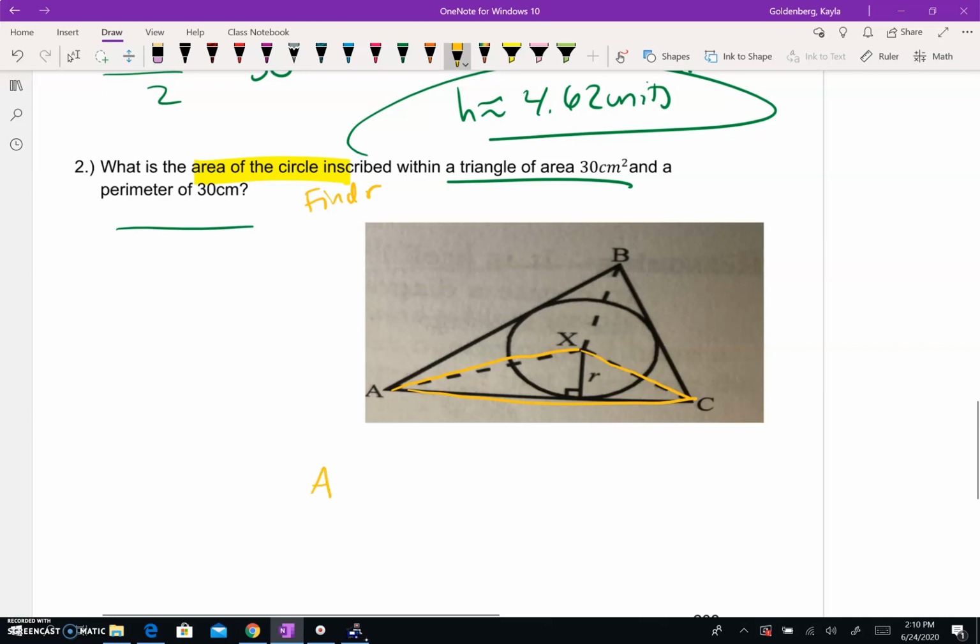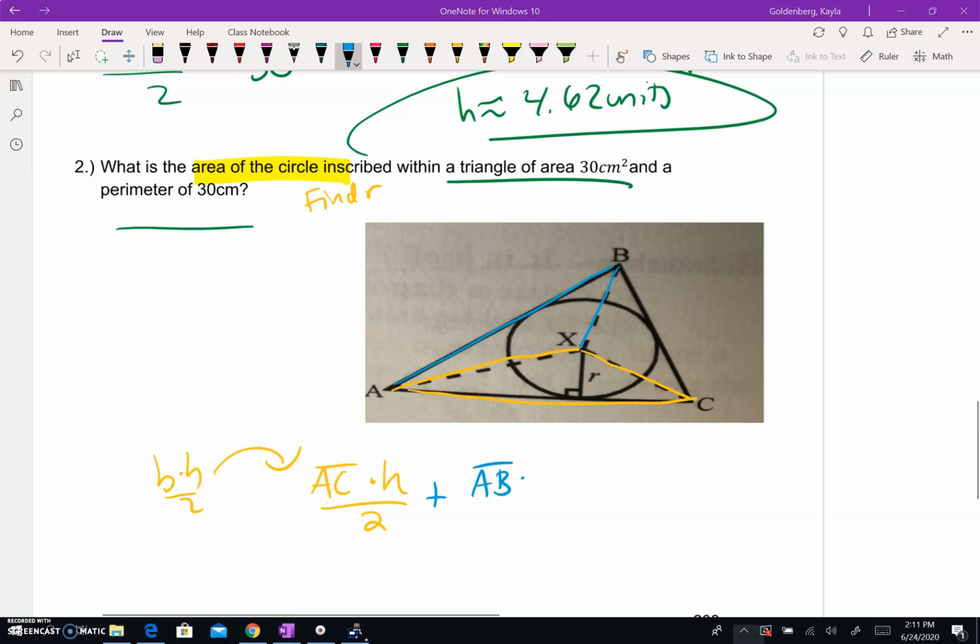The area of this triangle is my base, AC, times my height divided by 2. So base times height divided by 2. Okay. I could also add to that the area of this one here, plus base AB times height.